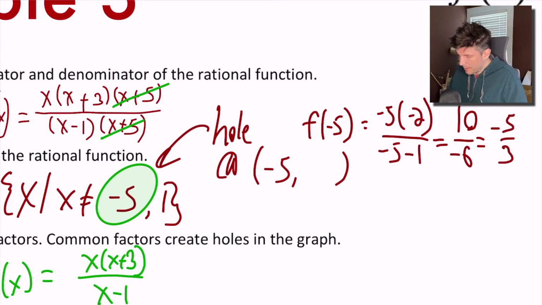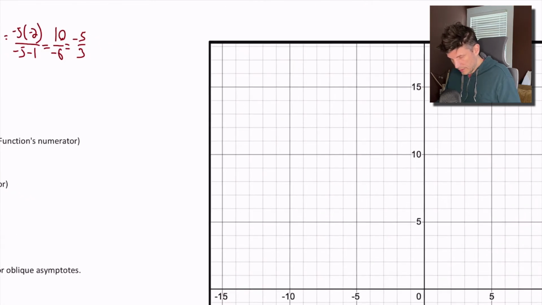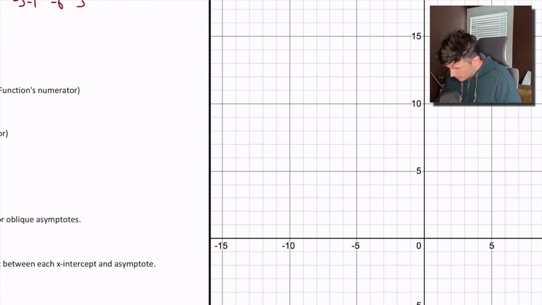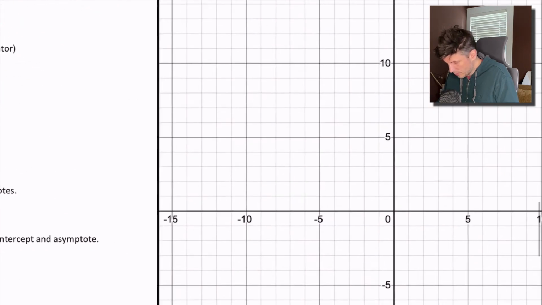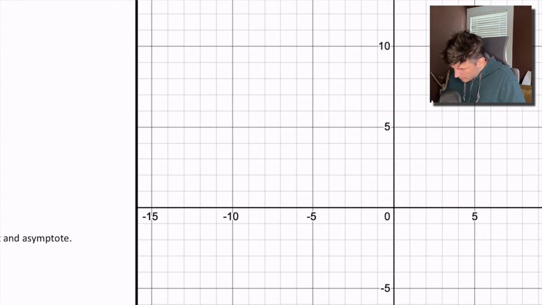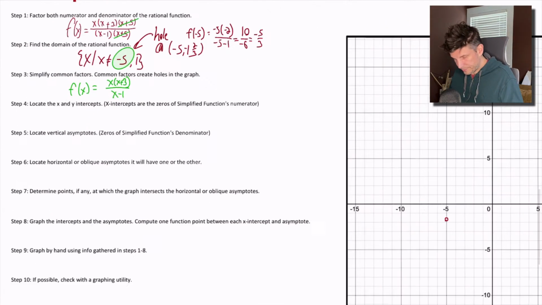I'm going to write that as a mixed number because I want to know where that is. So it's negative 1 and 2 thirds. So I know I have a hole at negative 5, negative 1 and 2 thirds, and it's probably about right there. Why not state that hole?